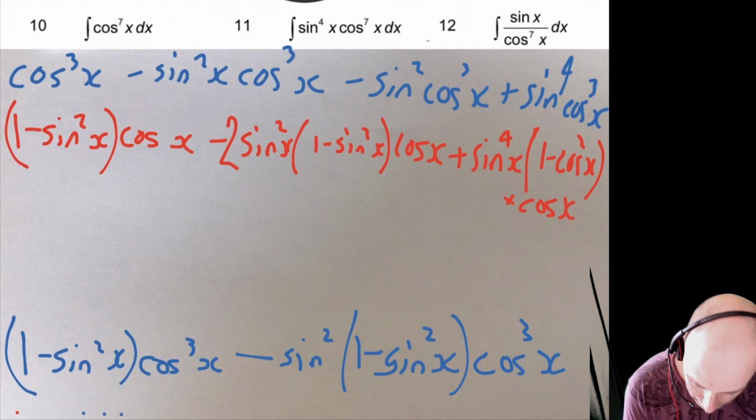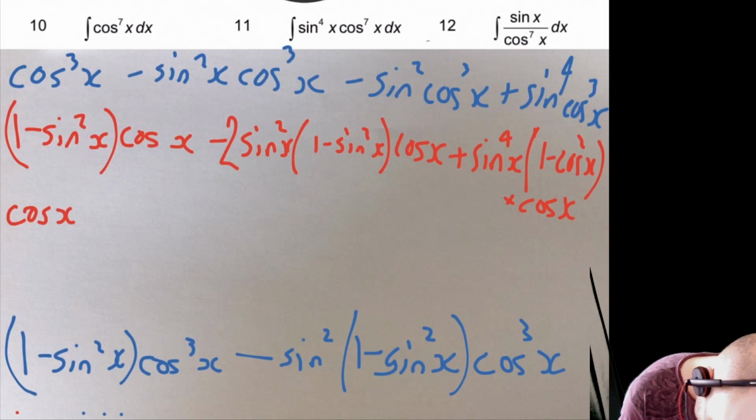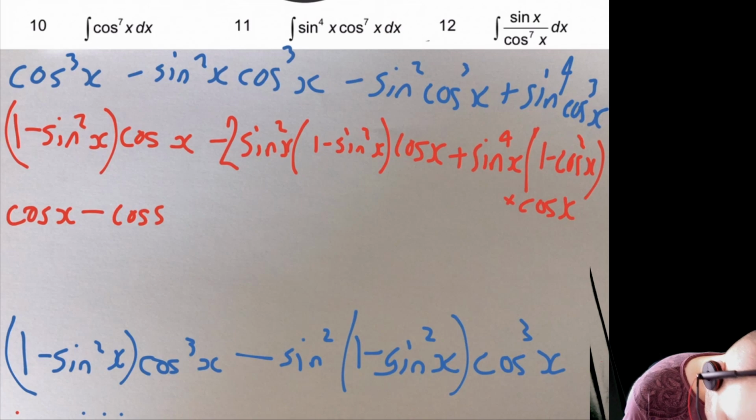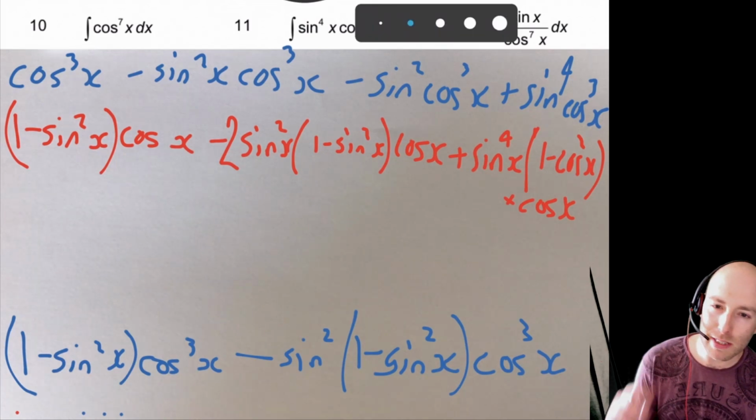Really isn't much space there. And we're going to expand the whole of this to get cos minus cos. I'm going to get rid of the x's, which I know is really bad maths, but purely to save space for now.